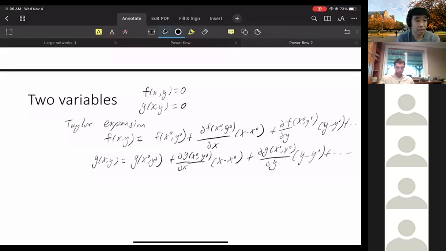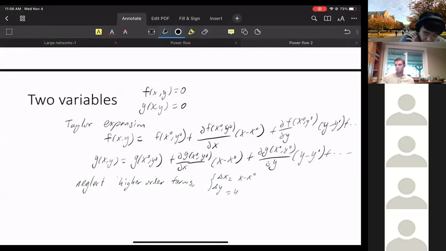We're not going to care about the higher order terms, so we're going to neglect them. We let delta x and delta y equal x minus x0 and y minus y0, as shorthand.